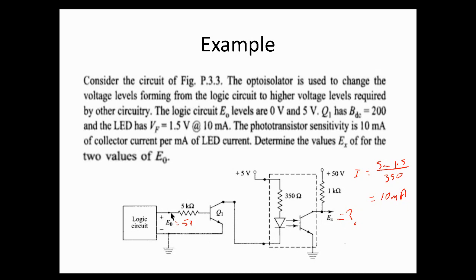However, when there is 0 volts coming from our logic circuit, no light shines onto this. So your output voltage here will be 50 volts, right? So if this is off, we should have 50 volts, with no current flowing through this transistor. Do you see that?